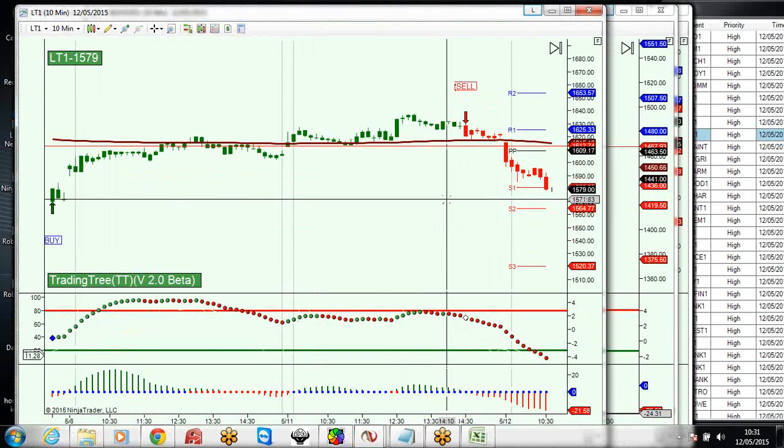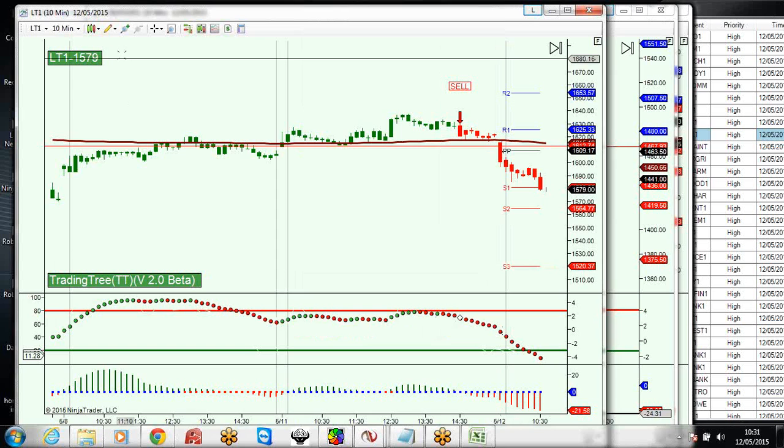So L&T, our short was 1614. It's 1579 now.